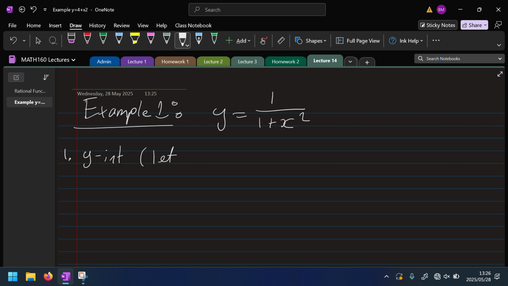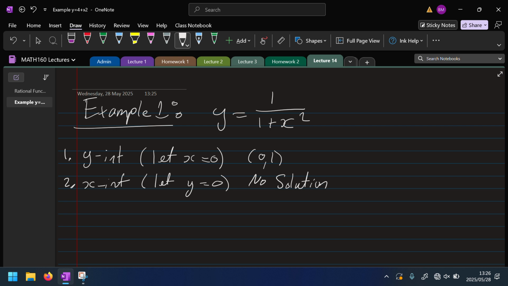For the y-intercept, we let x be 0. If x is 0, we get y as 1. So we got the point (0, 1). Number 2, x-intercepts. In that case, we let y be 0. But if y is 0, there's no x that's going to give us 0, so no solution. So no x-intercepts, that's fine.